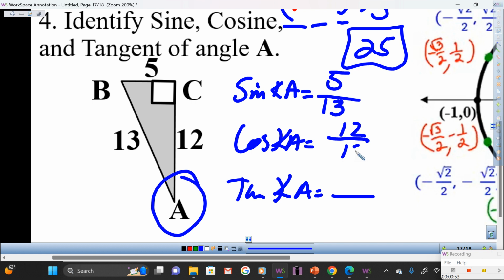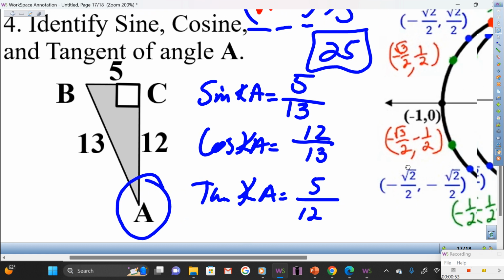That is correct. 12 over 13. How about tangent angle A? Dulce. That is correct. Ooh-wee. Let's go to number 5.